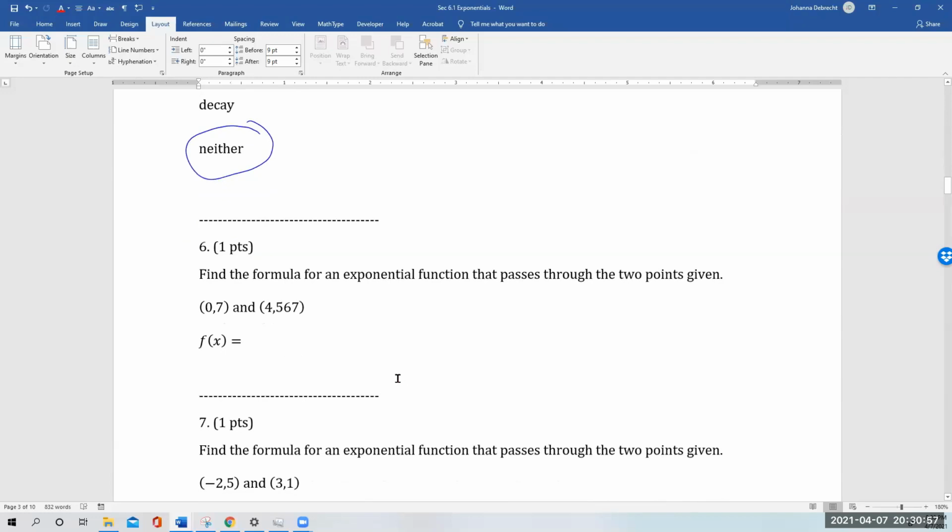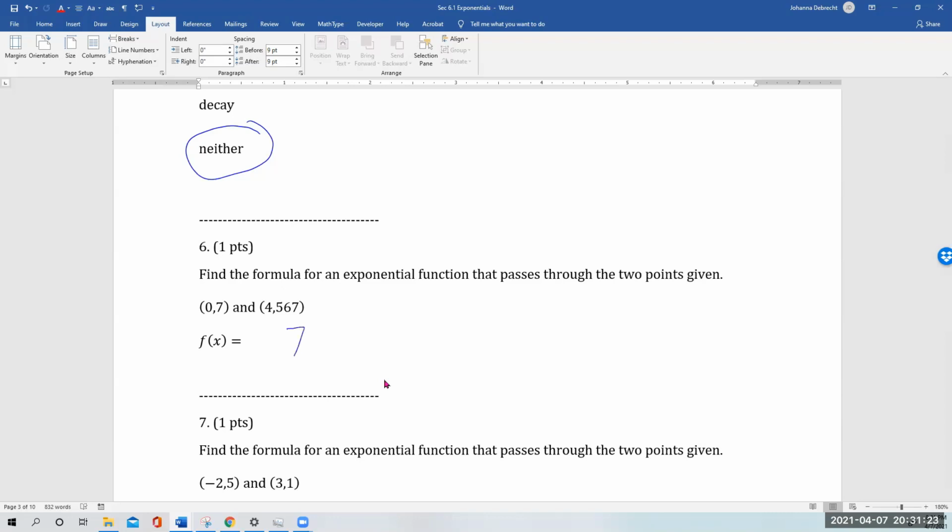Find the formula for an exponential function that passes through the two given points. First off, we can see that the first amount that we started with when time was 0 was 7. That means that we must have some constant base being raised to a variable power of x and being multiplied by 7.